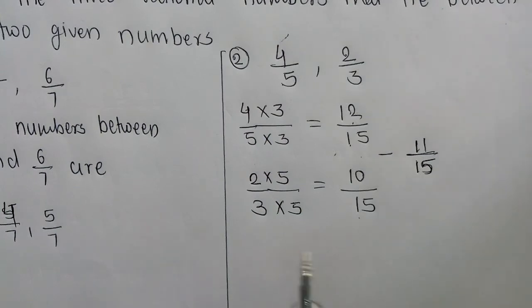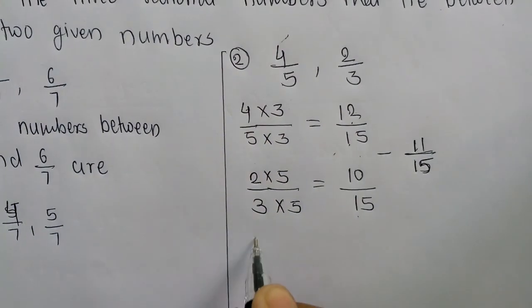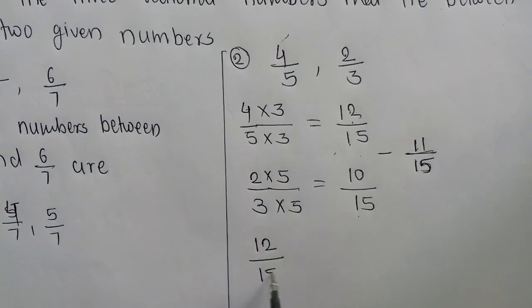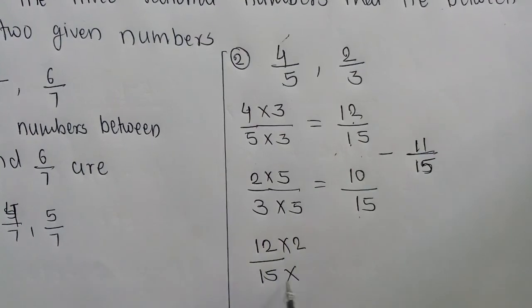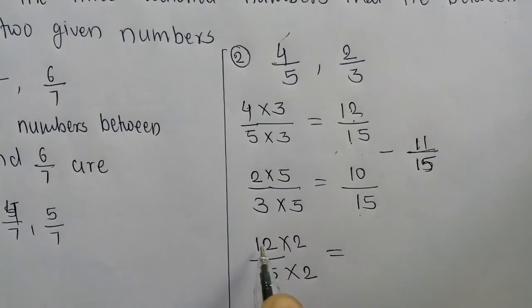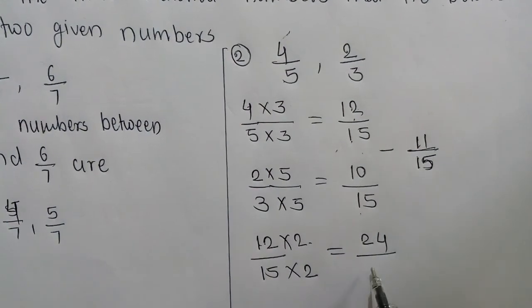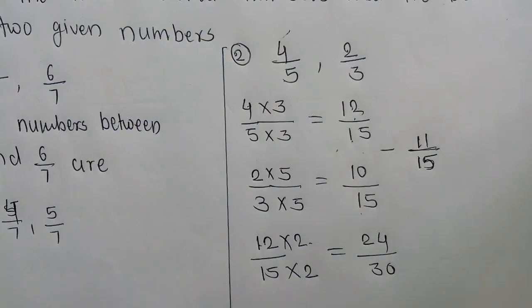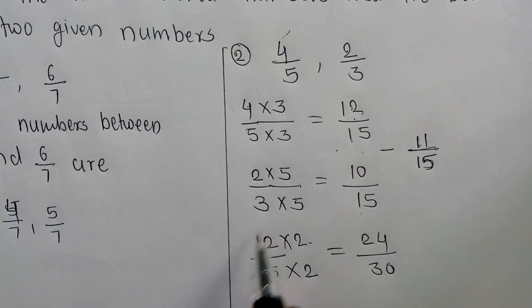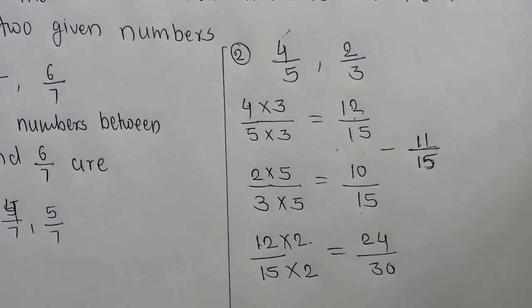So if I find the equivalent fraction of 12 upon 15, I can multiply it by 2, above and below. So 12 2s are 24 and 15 2s are 30. So this is an equivalent fraction of the given fraction. Okay, that you learned in 5th standard and 6th also.